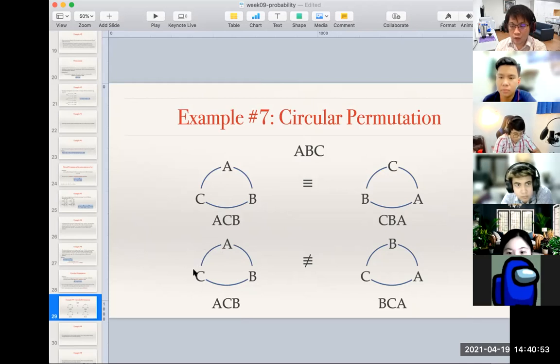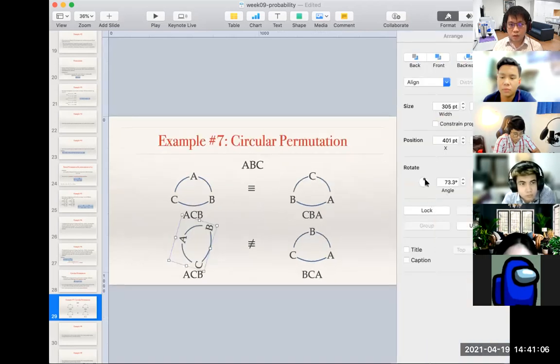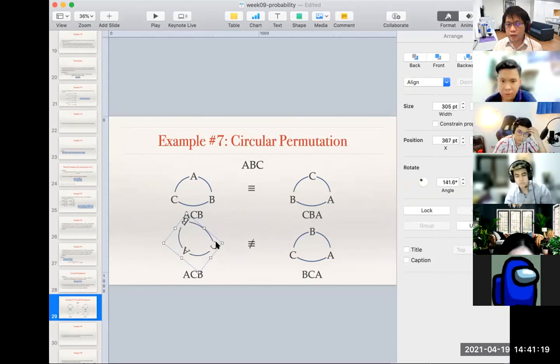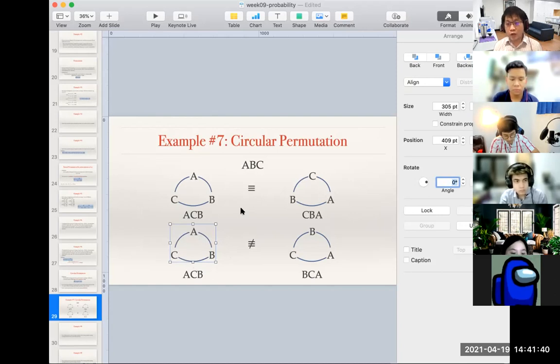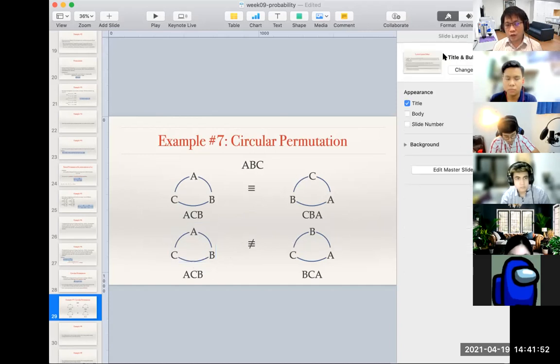No matter how many times I rotate it, let's say I rotate it once clockwise, it will become C, B, A. I rotate it again, it becomes B, A, C. If I rotate it again, it will return to its normal state, A, C, B. So the three variations earlier are not the same, sorry, they are equivalent: ACB is equivalent with CBA, equivalent with BAC.